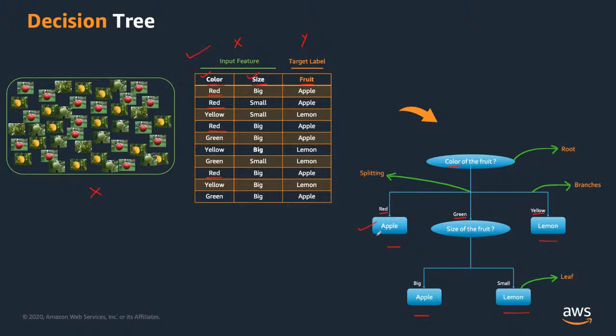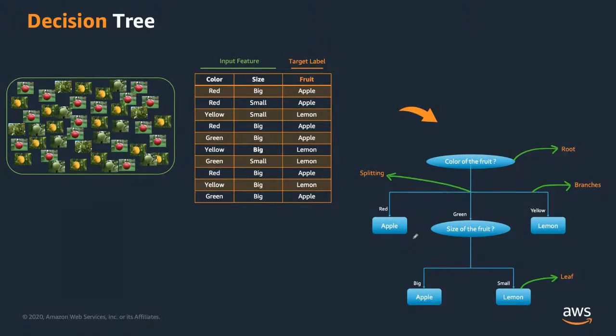So I know that this would be the class label. So at a later point in time, once the model gets trained, if you give any input data and the color is red, the decision tree will automatically parse that data through this tree, and it will say that, okay, the class label is apple, right? So this is the intuition behind a decision tree.